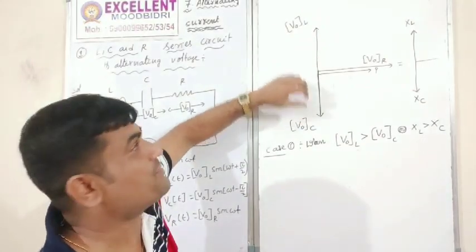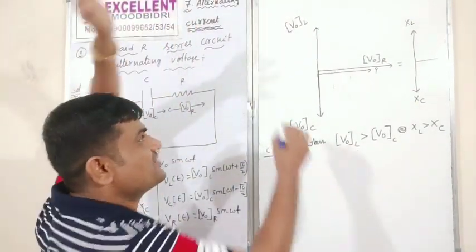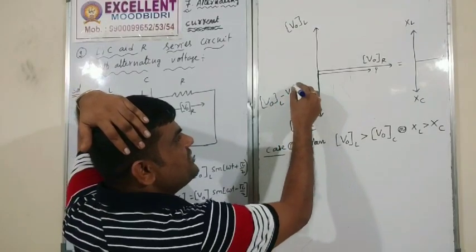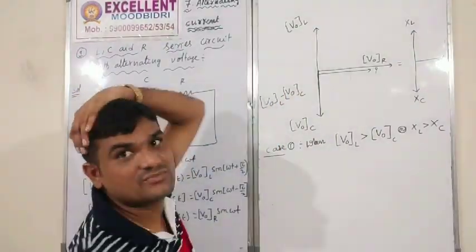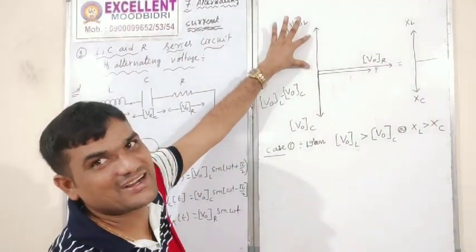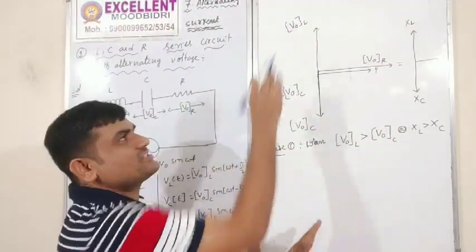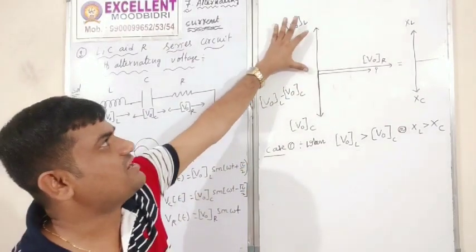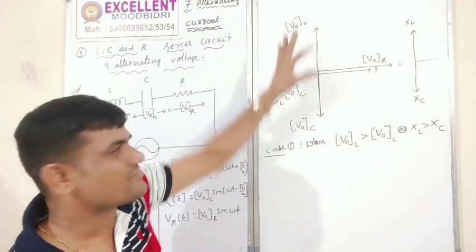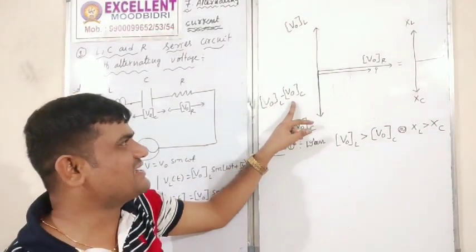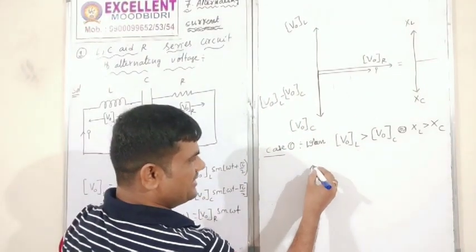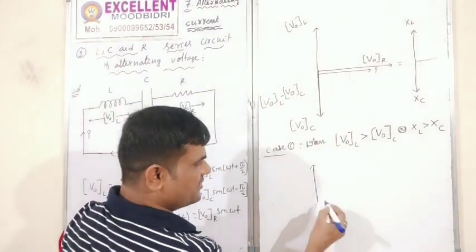V naught L minus V naught C. Subtracting, a little less will remain. So the value decreases by V naught C. Now I can draw the phasor diagram in this manner.